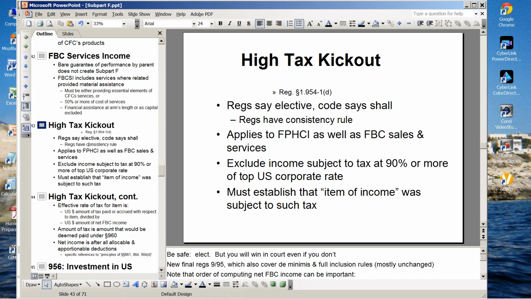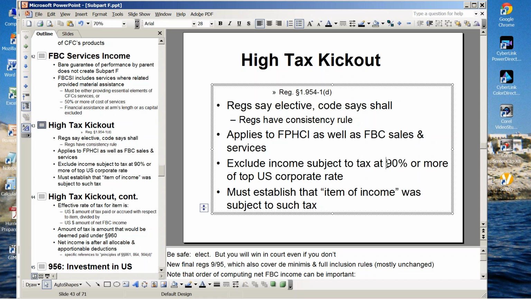The Subpart F version of that rule works very much the same, with one key difference. I'm going to say two key differences, but one of which is often irrelevant. First, instead of 100% of the U.S. corporate tax rate for high tax kickout under the passive income rules, the Subpart F rule is 90% of the top corporate tax rate.